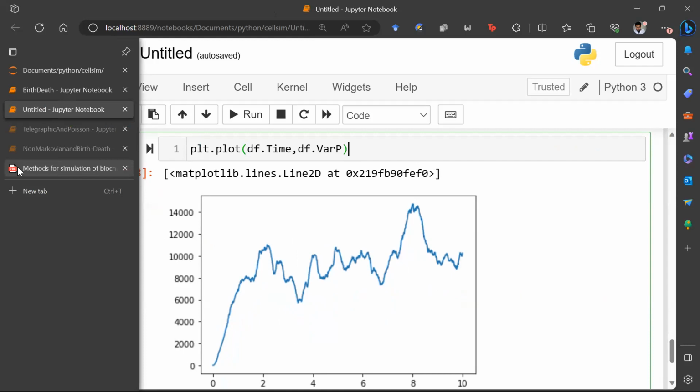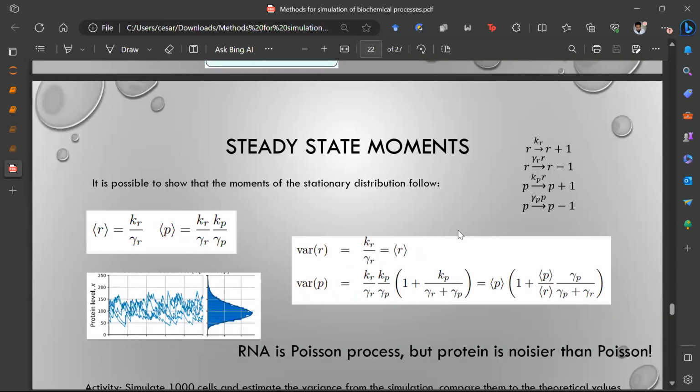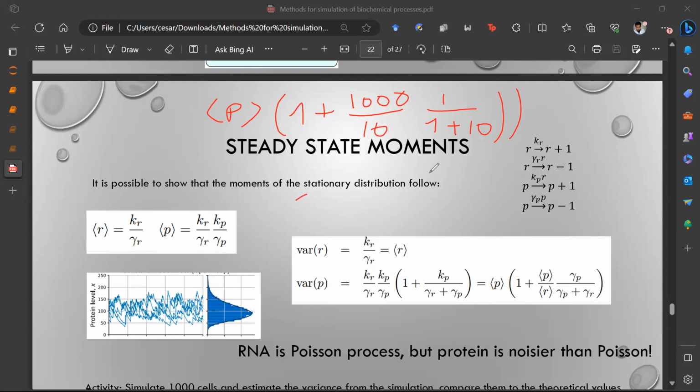Okay, in our case, how is this? Let me do it fast. P is going to be expected value of P times 1 plus P is 1,000, R is 10, gamma P is 1, plus 10. So let's say this is 1 over 10. It's going to be 10.